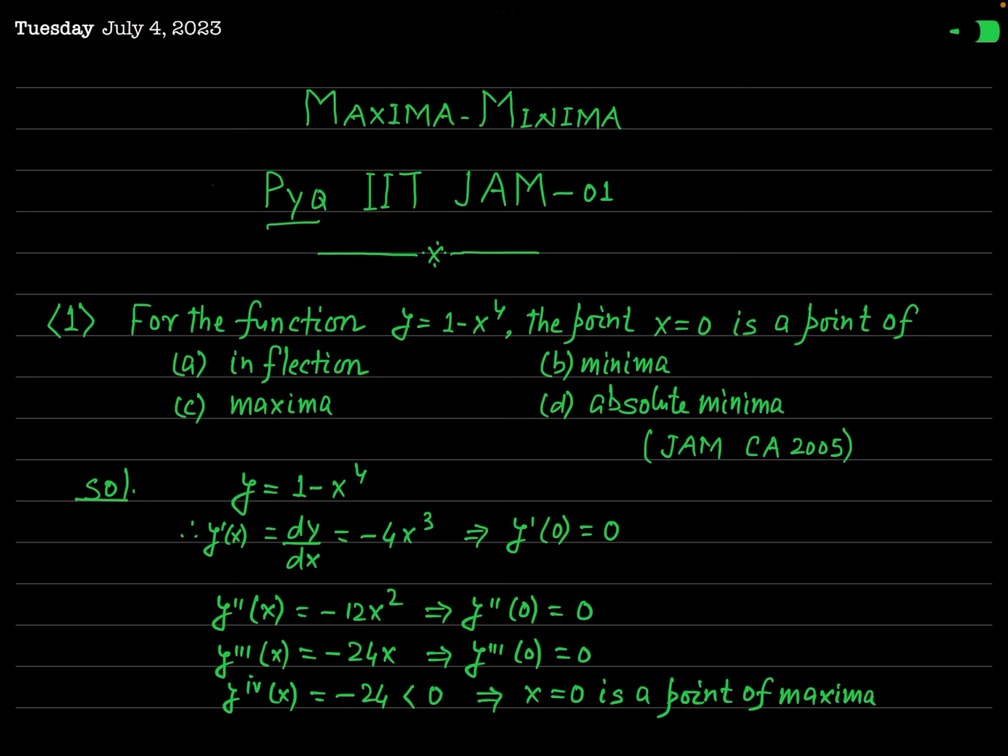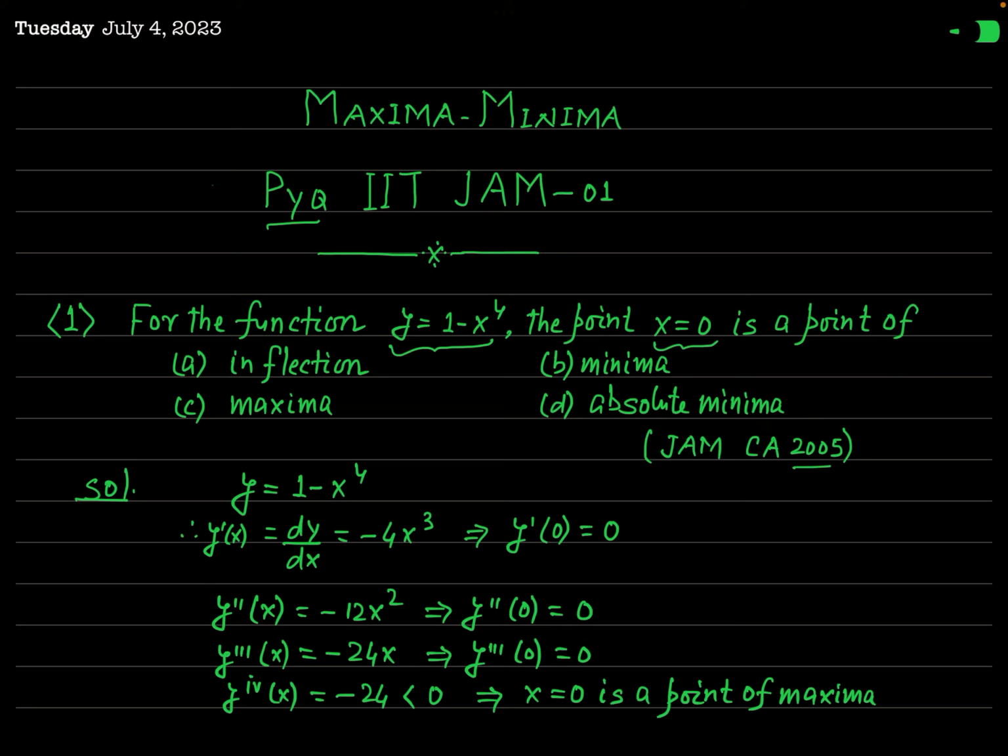The first problem says, for the function y equal to 1 minus x to the power 4, the point x equal to 0 is a point of inflection, or minima, or maxima, or absolute minima. This problem was asked in the JAM examination 2005.